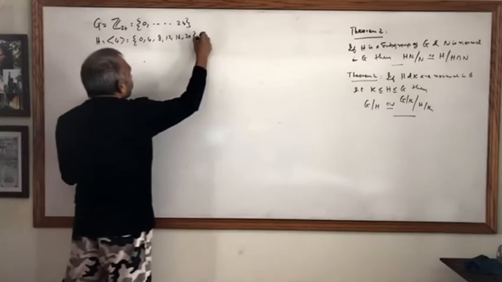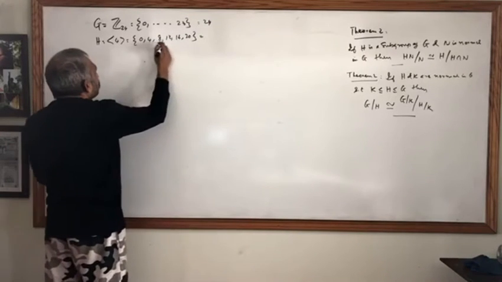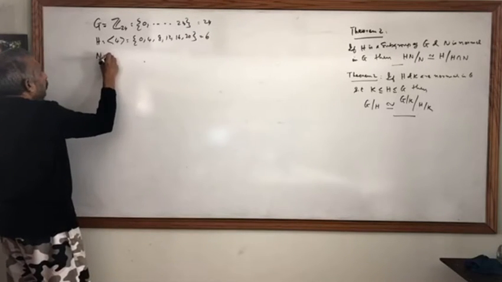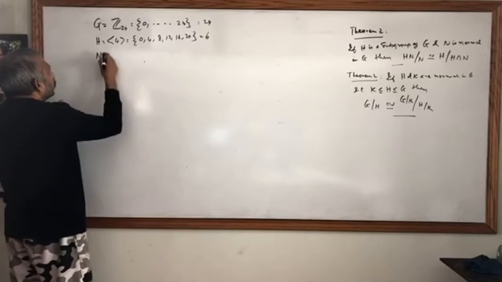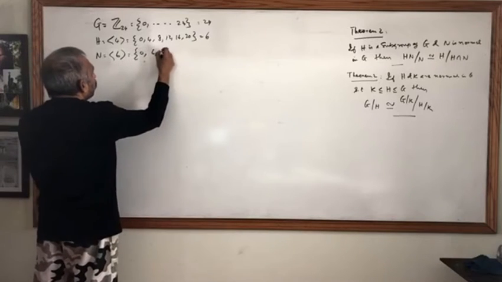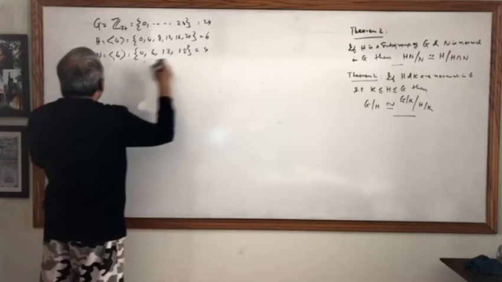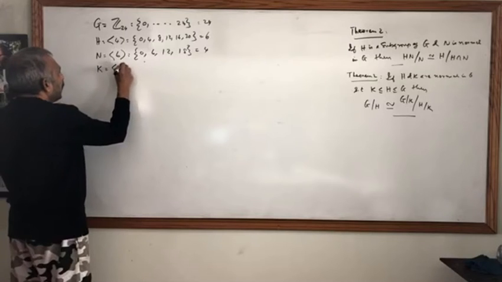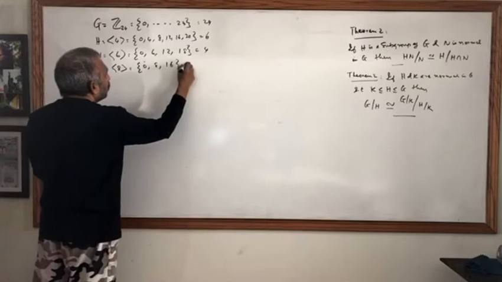G has 24 elements, and H has 6 elements. And N is the subgroup generated by 6, and that should have 4 elements. And the smallest subgroup, generated by 8, should have 3 elements.